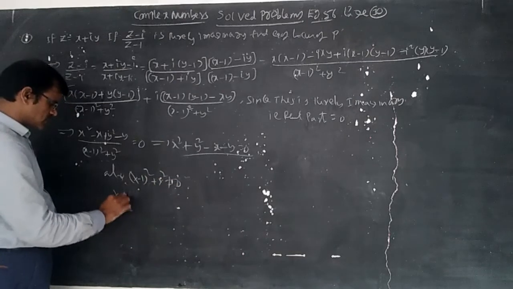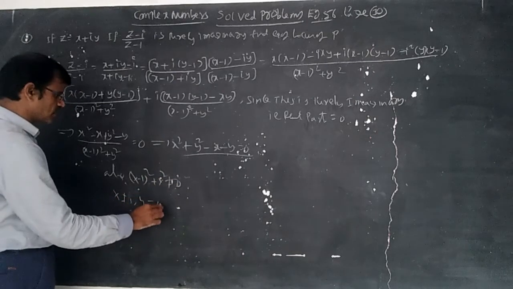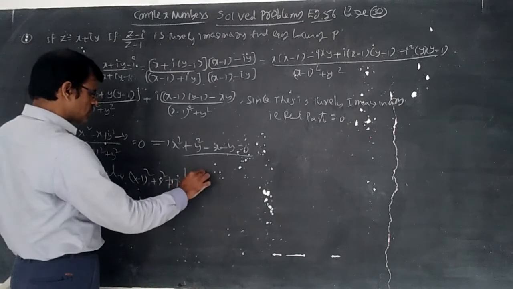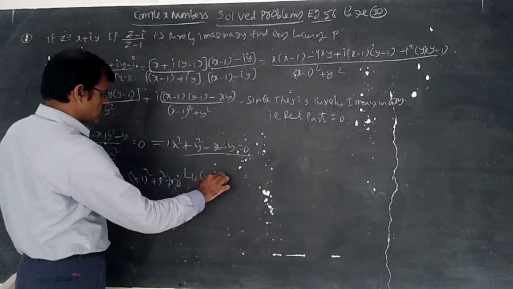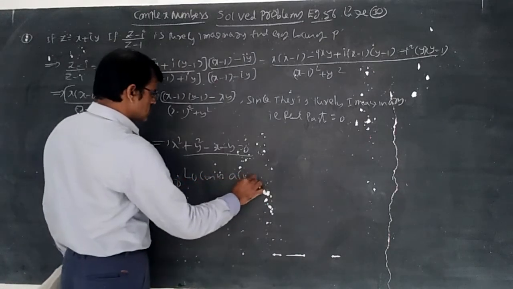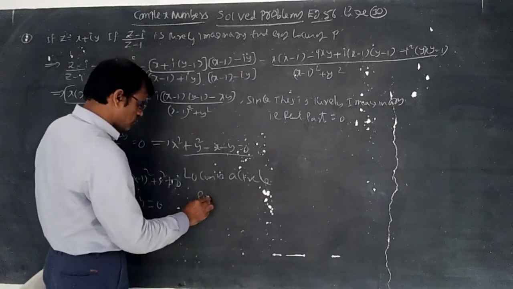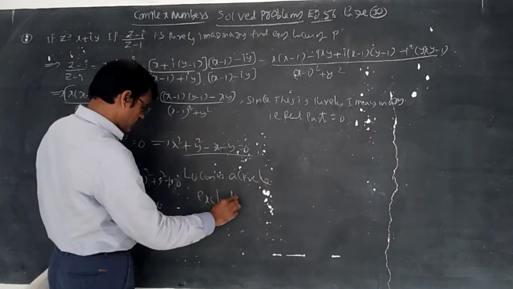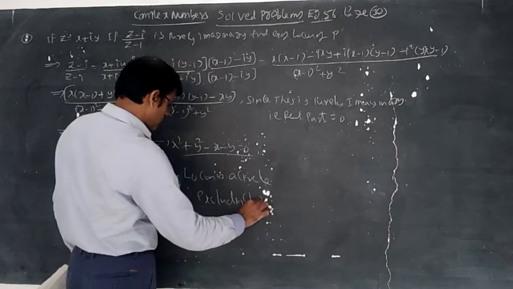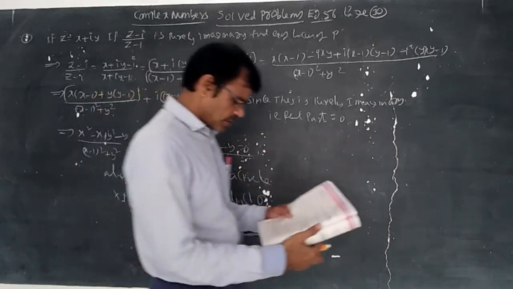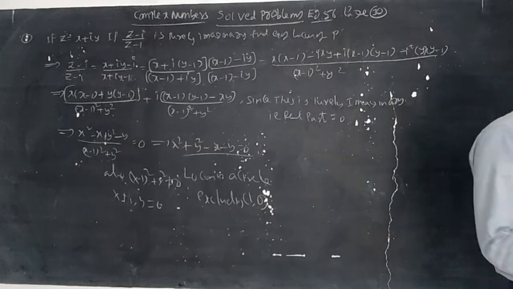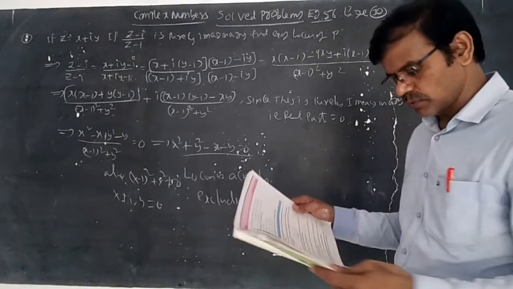So the locus is a circle, excluding the point (1, 0).